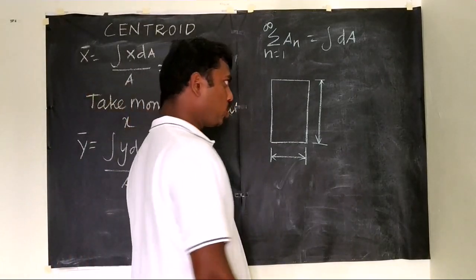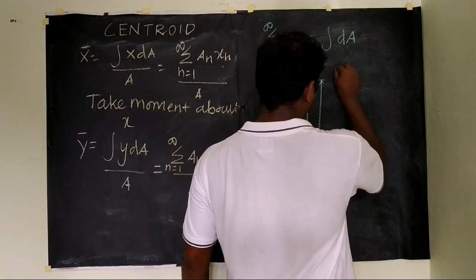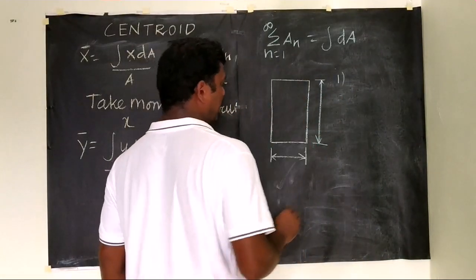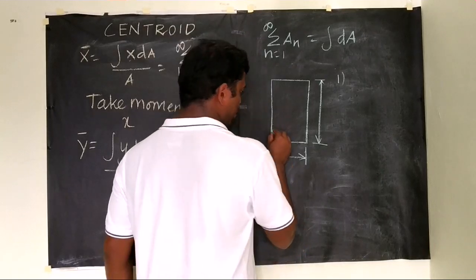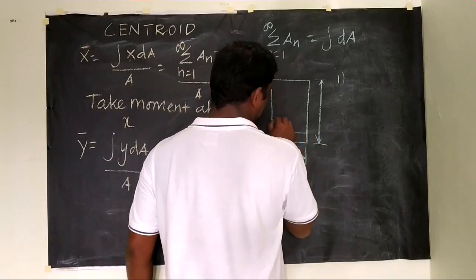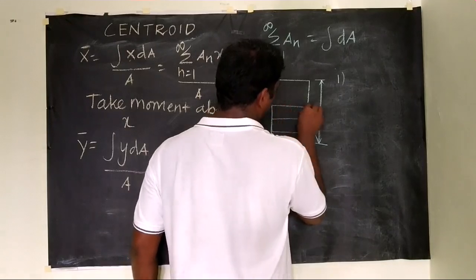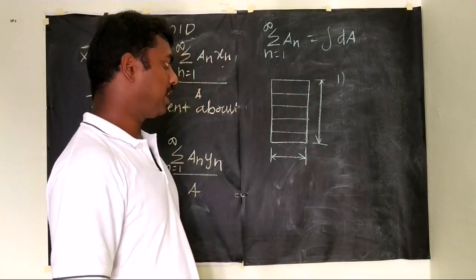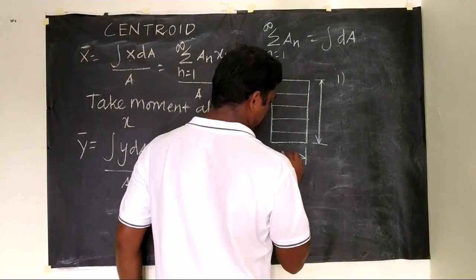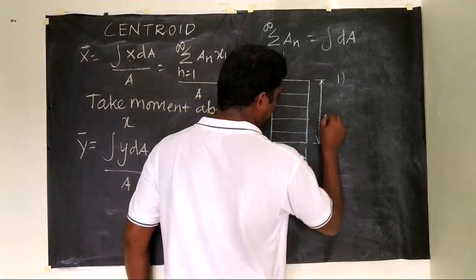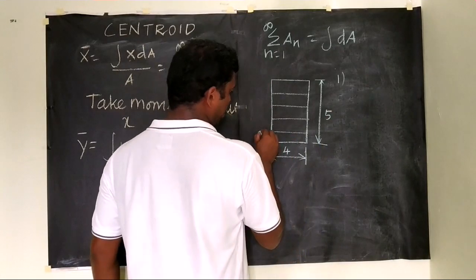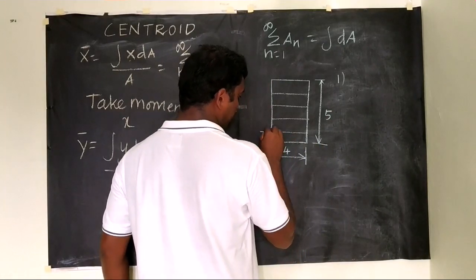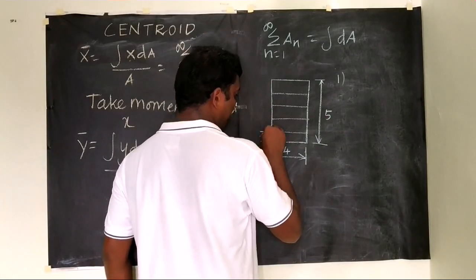I am going to use the first method. In the first method, divide this rectangle into small elemental parts. So this is my first elemental part, second, third, then fourth elemental part. So totally now we have 5 elemental parts. The length is 4 meter, height is 5 meter. Then the individual part height is 1 meter.